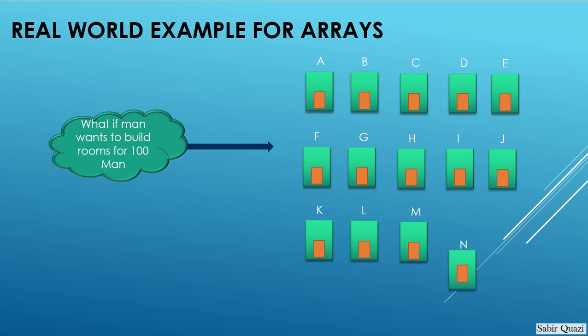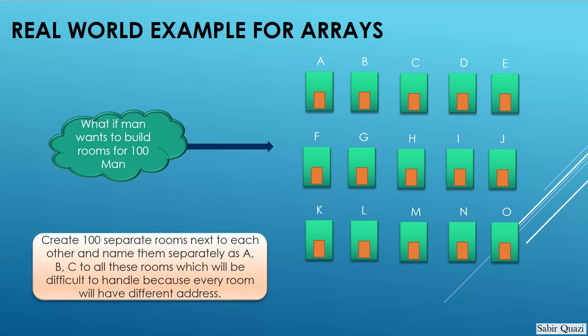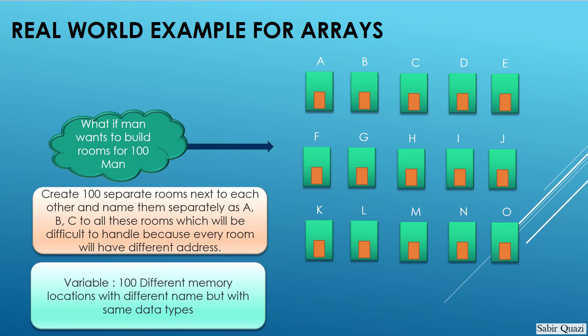Similarly, if you want to use 100 values of the same type in Java, you need to define 100 variables with different names. And the case might be that all these 100 values will have the same data type.